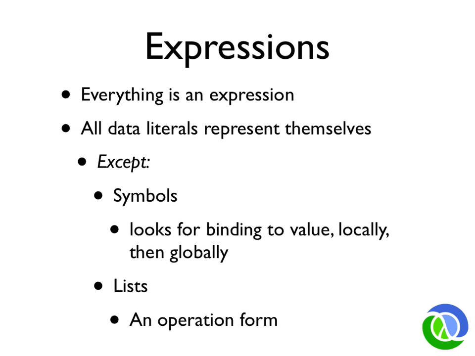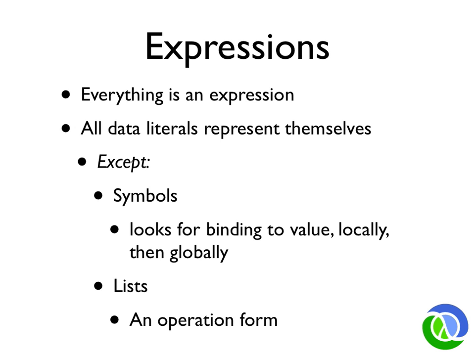Lists and symbols by default are treated specially by the evaluator. So when it reads a list of symbols in particular, it's going to do some work. It's not just going to return the list of symbols to your program. It's going to try to understand them as an operation, which I'll show you in a second.